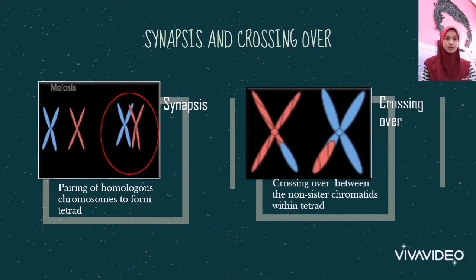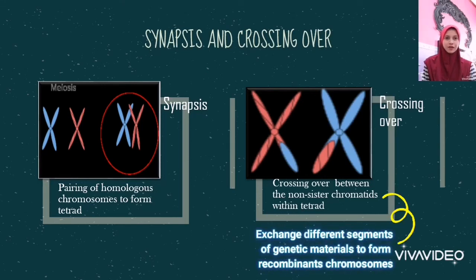As for chromosomal crossover, it is the crossing over between the non-sister chromatids within the tetrad, where they exchange different segments of genetic material to form two recombinant chromosomes.